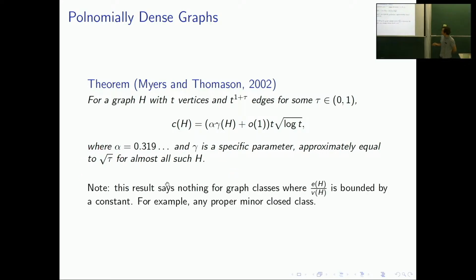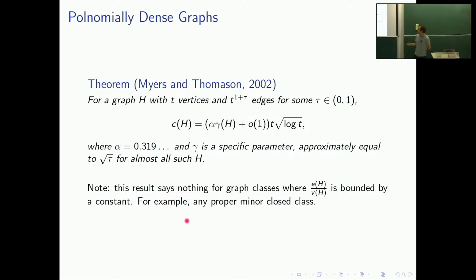But the interesting thing to note here is that this formula doesn't really say anything for graphs which are not polynomially dense. So, for example, if you consider a class of graphs where this density is bounded by a constant, then this formula doesn't give you any real information about the extremal function for graphs from that class.